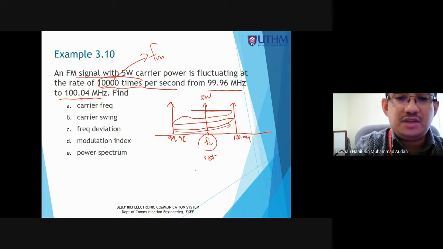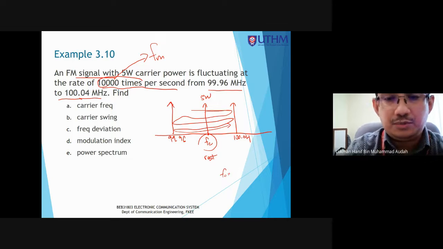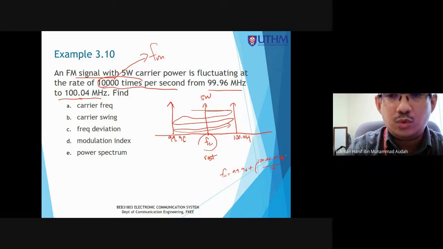So FC, sama ada you nak tolak, FC is equal to 100.04 minus 99.96 divide with 2, so you akan dapat 100 MHz.